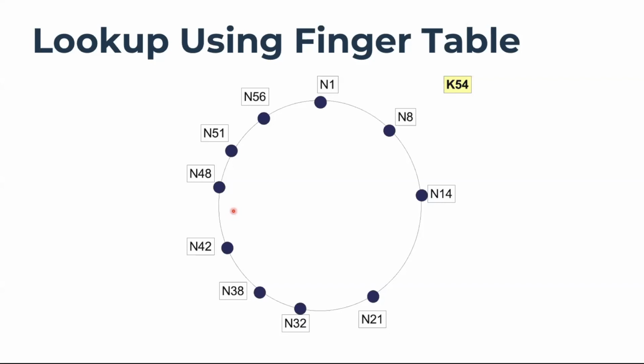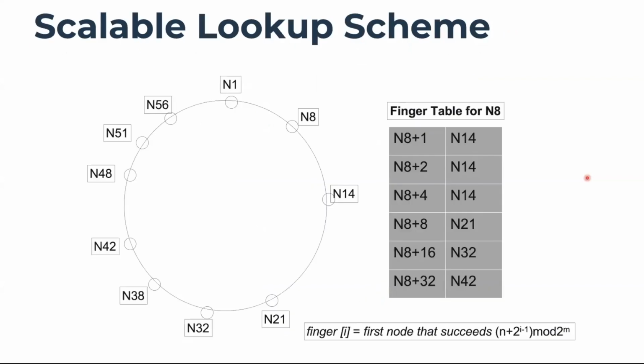So, the DHT again. I think I should not go into detail, but effectively by being able to jump over the hash space, if you're looking for node K54, you can jump and get closer to node 54 much faster. This is done through something called the finger table.